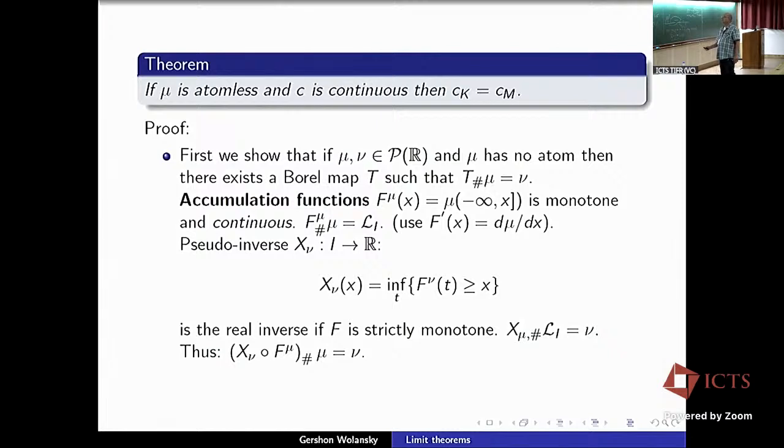And then what x nu does is push the Lebesgue measure into nu. So if we compose these two, we get x nu composed with f mu, and this pushes mu to nu. So we proved this part, that we can always find a Borel map which pushes mu to nu.